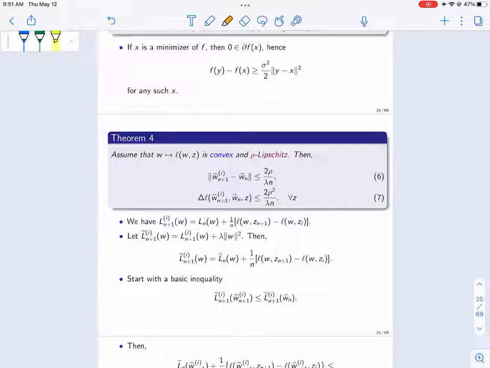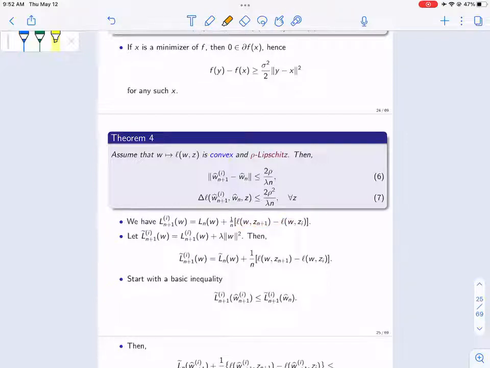So to prove this, I first note that if you look at L n plus 1, i, this is the loss with the ith data point swapped with the n plus 1 point. This is the original loss, and then I add and subtract this piece.